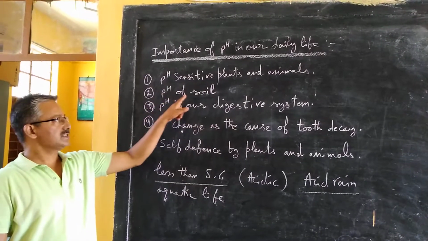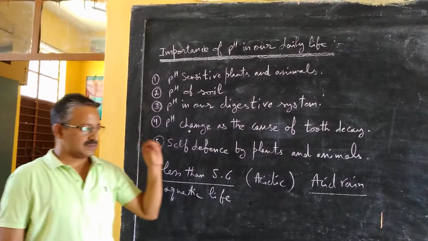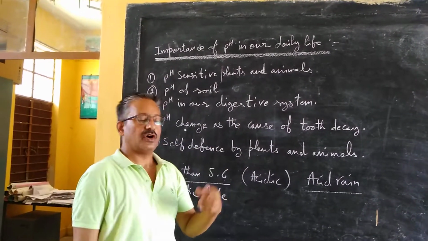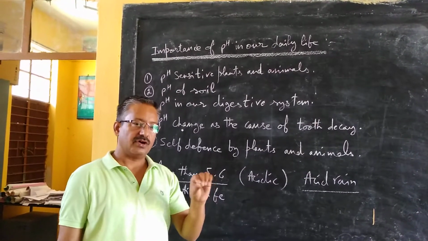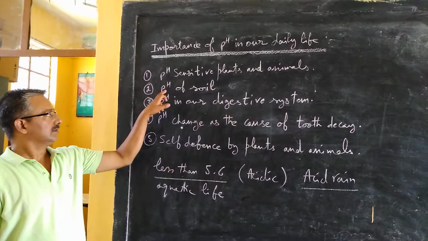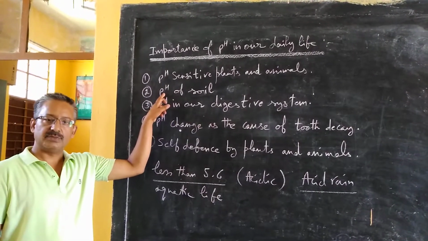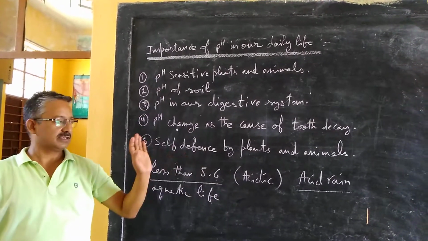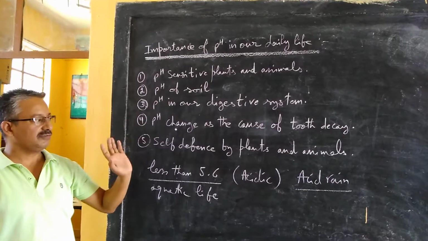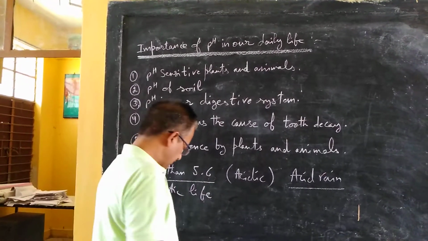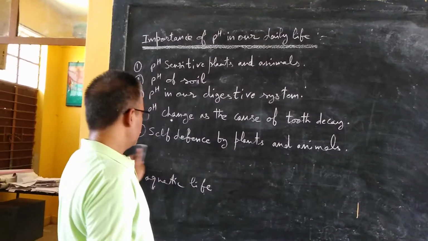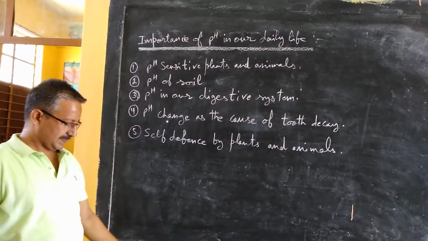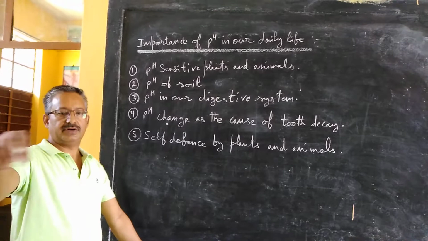Second thing, pH of soil. Now see, which crop will be beneficial in a particular soil. For checking that, scientists check what is the pH level of that particular soil. So how can we check the pH level? For checking pH levels, what we do, we take samples of soil from different places.